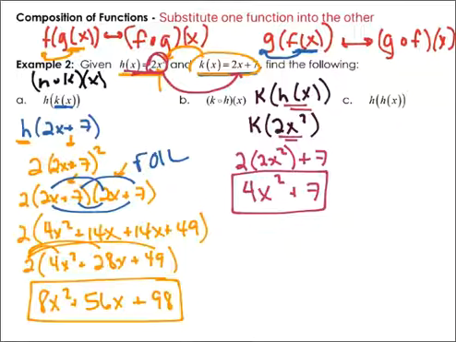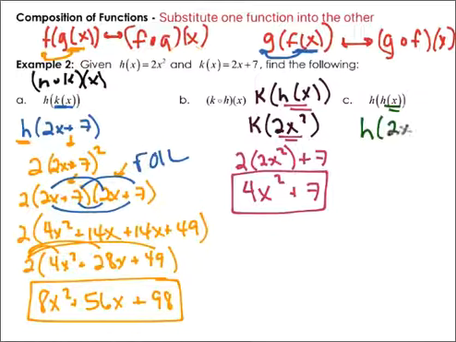Alright, last example. We are plugging an h into itself. It sounds kind of weird, but what we're actually doing is taking this h function, so I've got h of 2x squared.